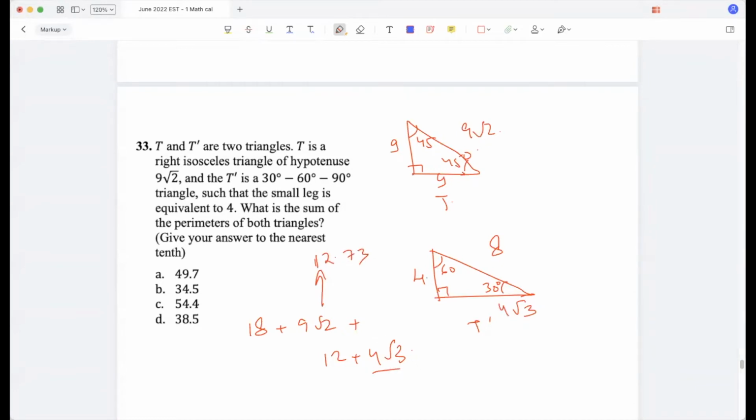And what is 4 root 3? 4 root 3 is 6.93. Yeah, 6.93. So the total is 18 and 12, 30, 42 and 6, 48. 0.73 plus 0.93, so 49.7.